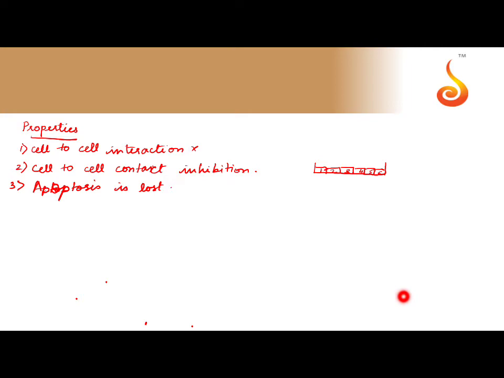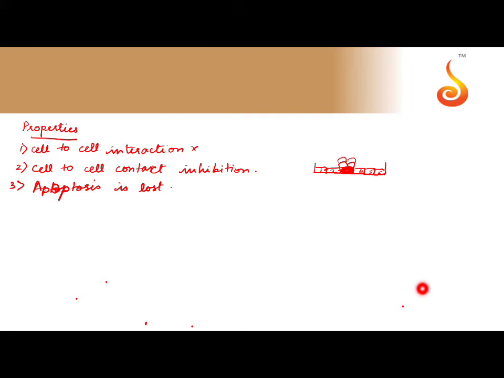These interactions are lost. When the interaction is lost, it appears that these cells are very far away from me. There are no nearby cells. So, I have lost contact with other cells. Assuming this cell decides that there is no contact, they start piling up. They start growing. This is one of the things that happens.